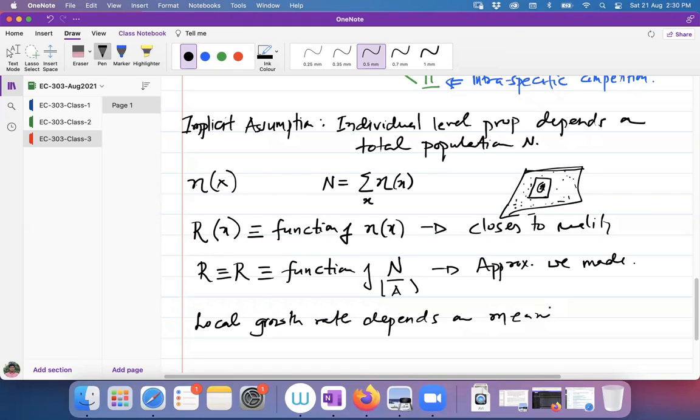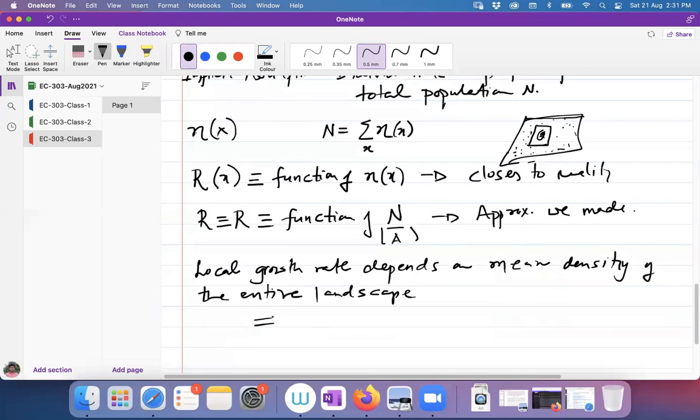Whether you write mean or total is not particularly important. This is why we also call them mean field models.